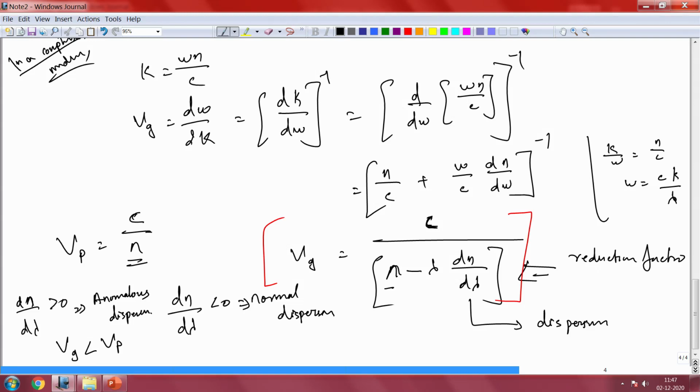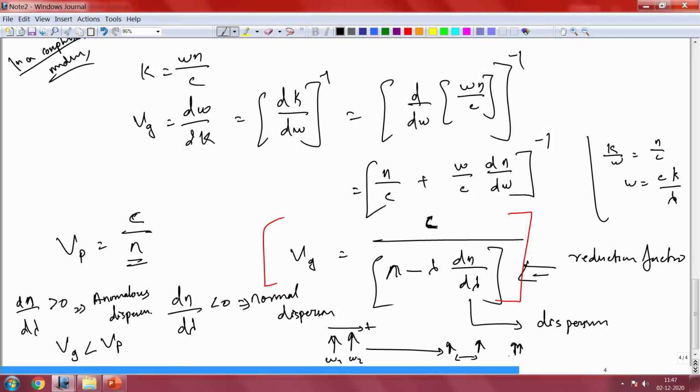But just to keep in mind, if there are two waves, one wave could be traveling faster than the other wave. Let's say these two are lambda 1 and lambda 2, or omega 1 and omega 2, and after they travel a certain distance, you can either make them far apart, as a function of time, these waves can move apart, or you can bring them closer.